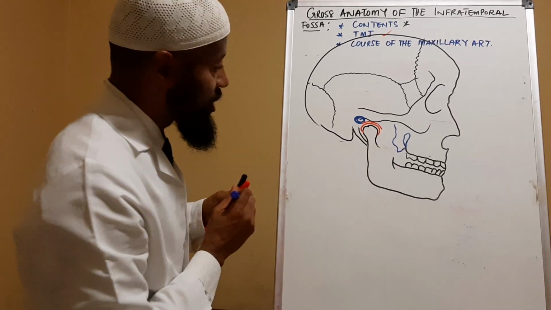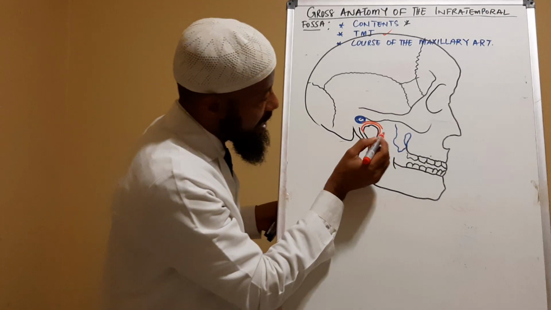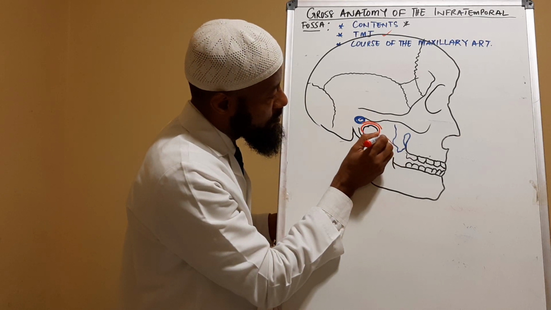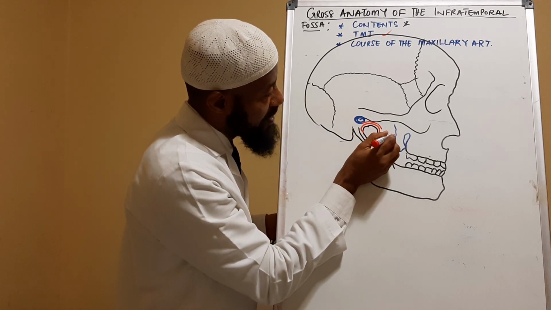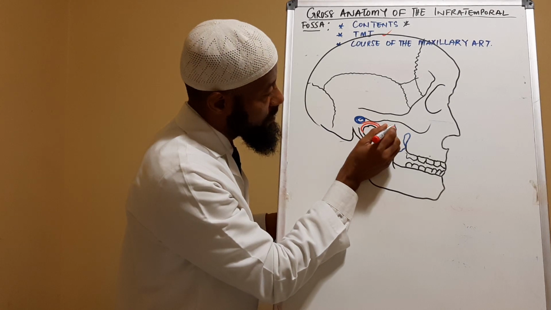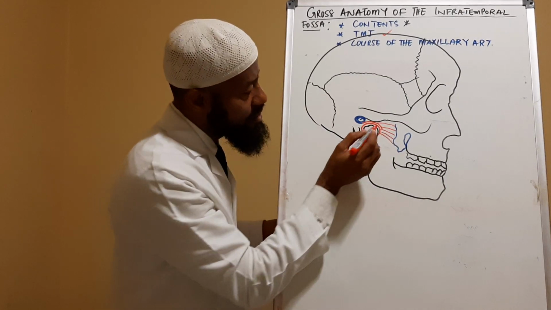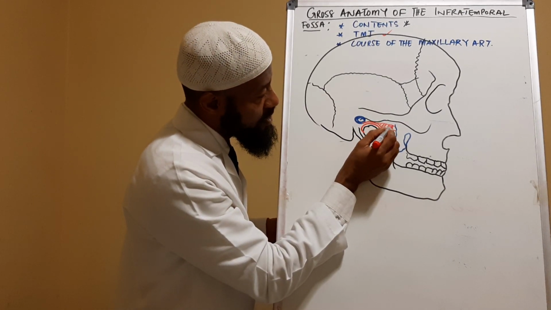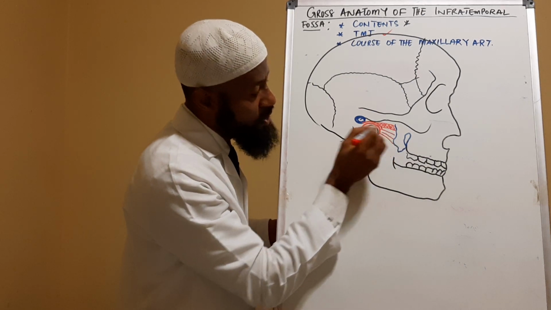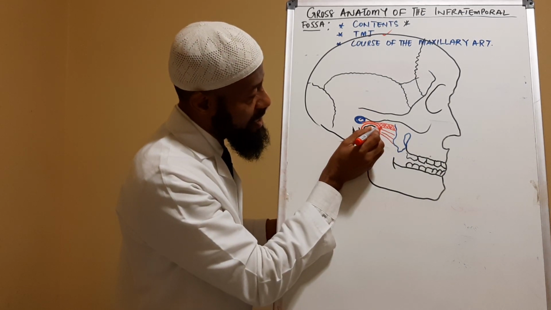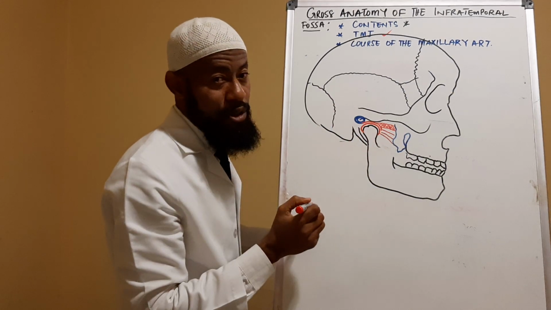Attached to that is the lateral pterygoid muscle, which has two heads. The one that's crossed is the superior head, and that's the inferior head attached to the joint capsule.